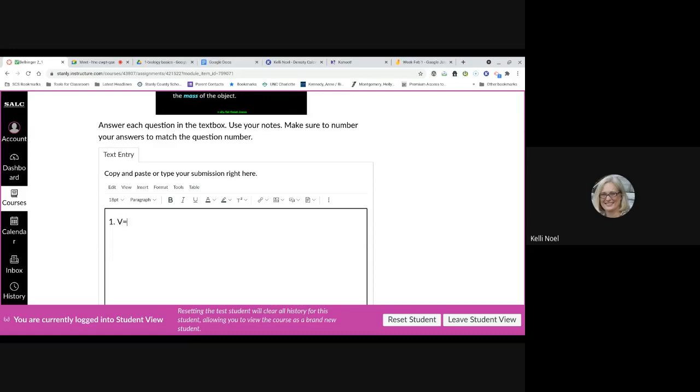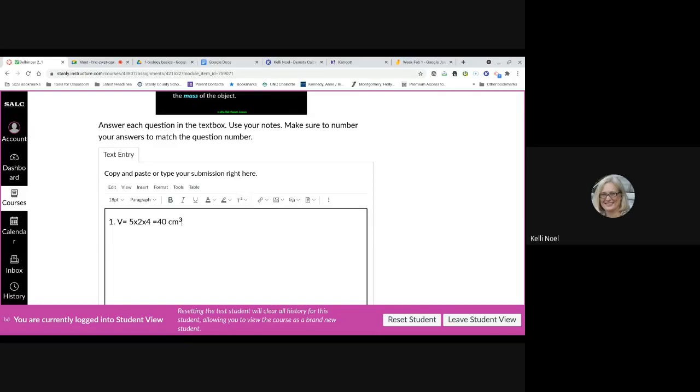So V equals 5 times 2 times 4 equals 40 cm, and you should be able to go here and do a 3, and then click off of it.